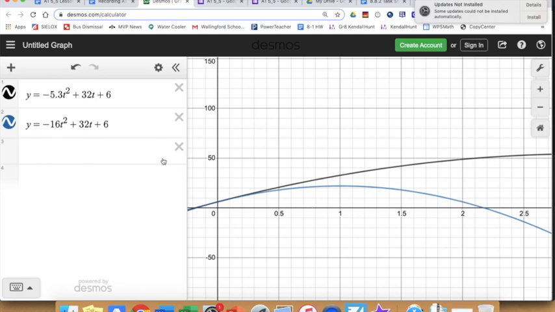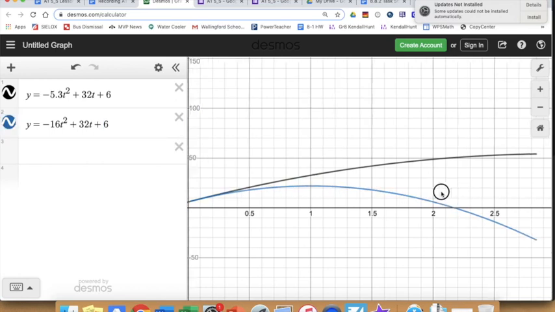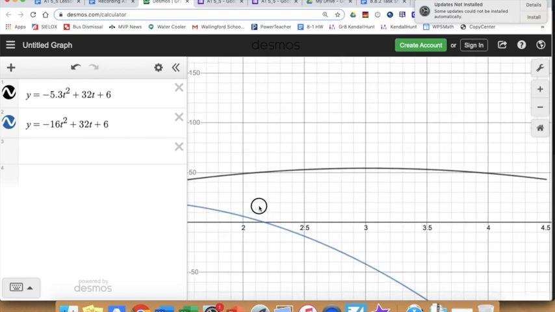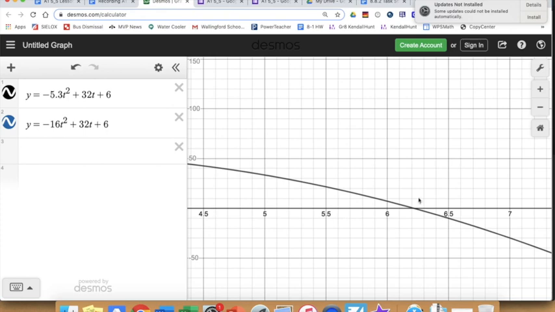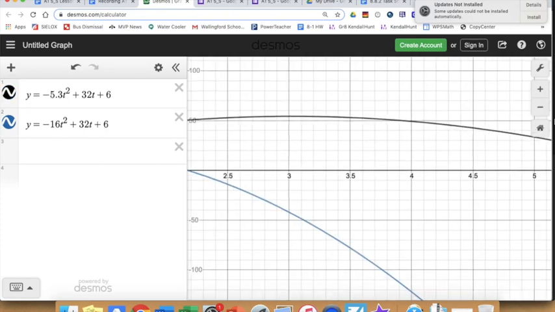It's pretty reasonable. And you're 6 feet tall, so if you're not like me, you can expect the rock to hit the ground after about 2.17 seconds. And then the moon rock, if you throw that rock on the moon, you don't expect it to hit the ground for 6.25 seconds. So it hits the ground after more than 6 seconds.